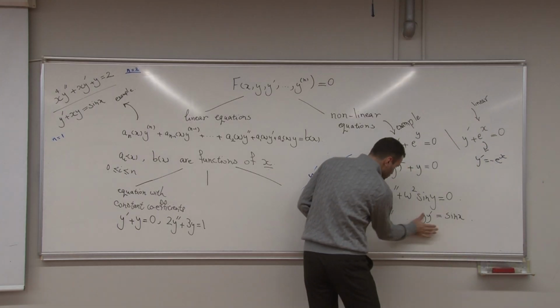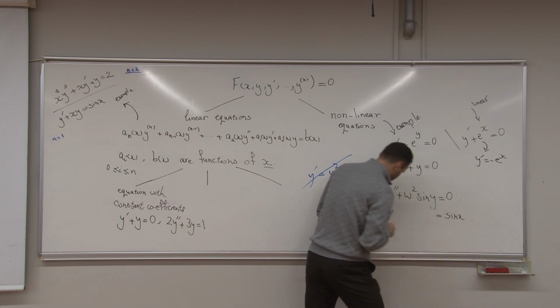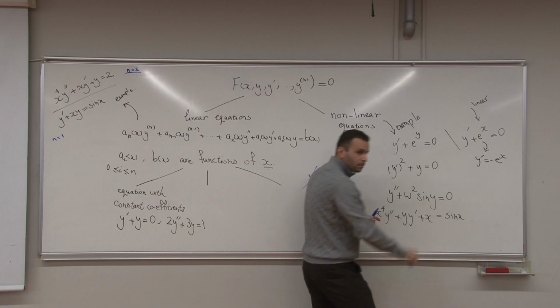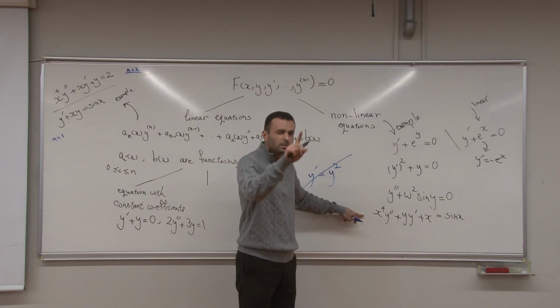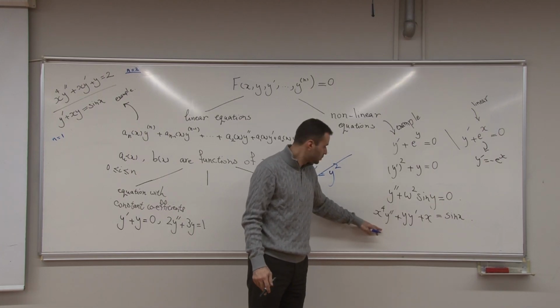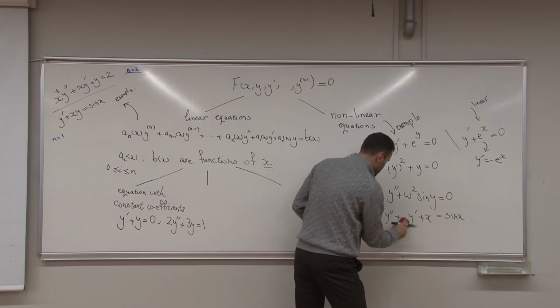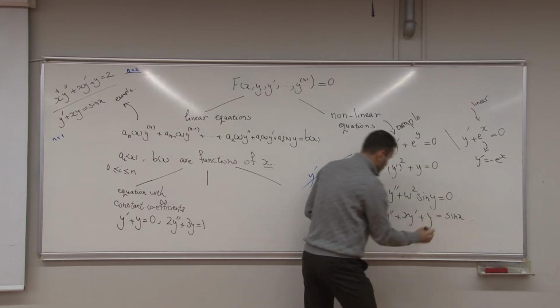Now, if I write x like that, it won't be a complete coefficient. What if the x next to y prime is there instead, and then I add plus y, would it work? Yes, it works, because it's not a coefficient.